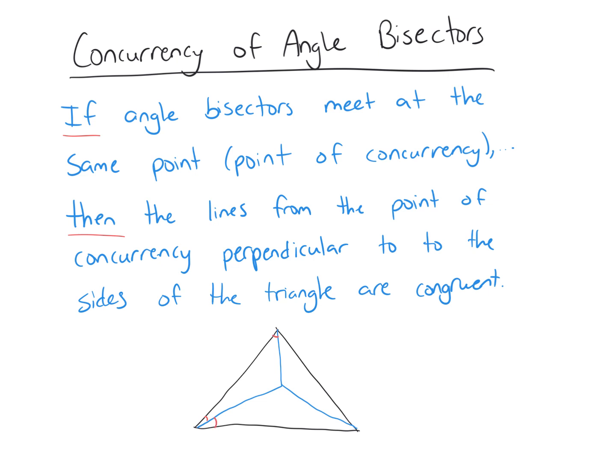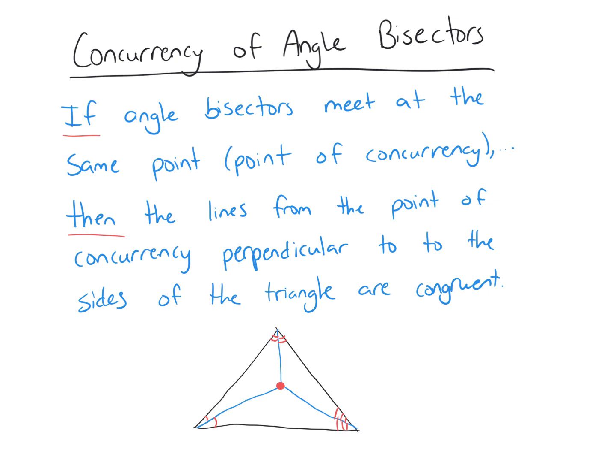Congruent markings, yep. So all 3 of these pairs are split in half. What is that point in the middle? Point of concurrency. Okay, that's the most important part. All three angle bisectors meet at a point of concurrency. That just means they meet at a similar point.